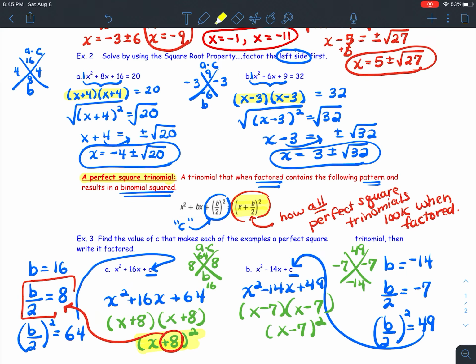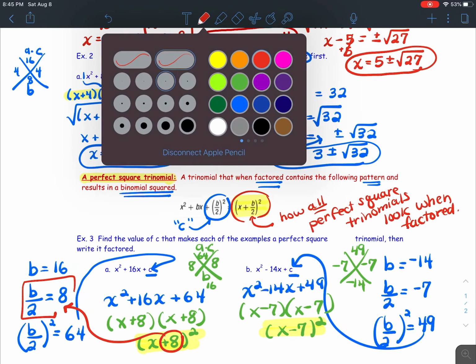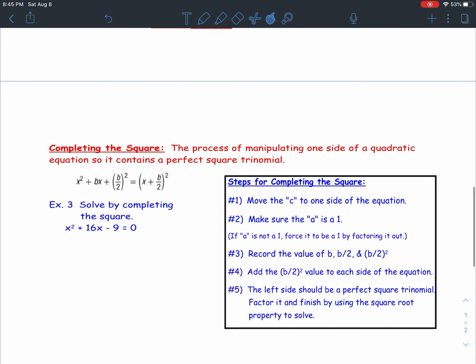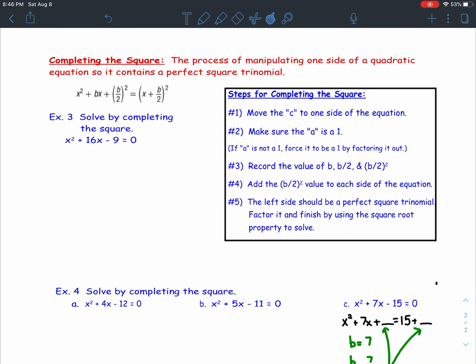My two numbers that work are both the same: x minus 7 and x minus 7. So this factors into x minus 7 squared. And just to confirm this little pattern, this is, and it is, the b divided by 2 value.